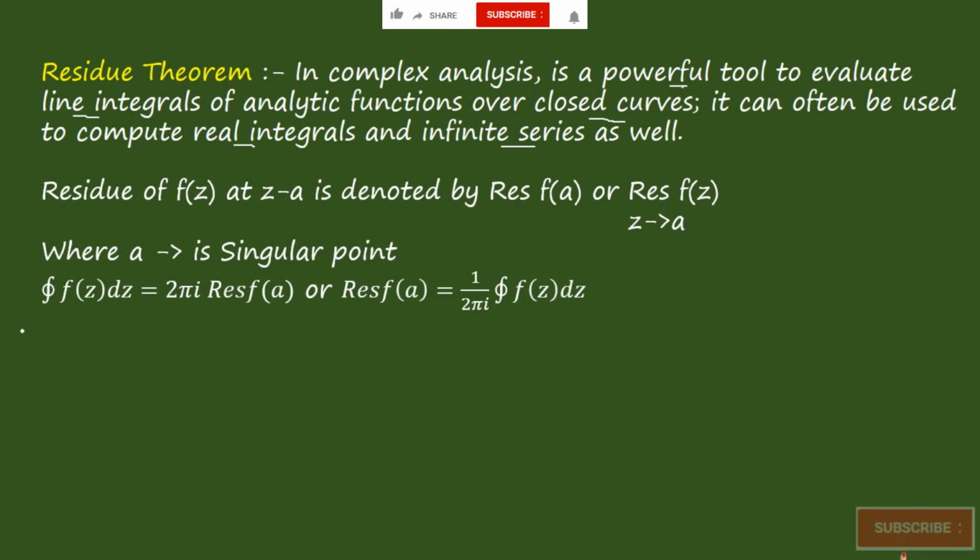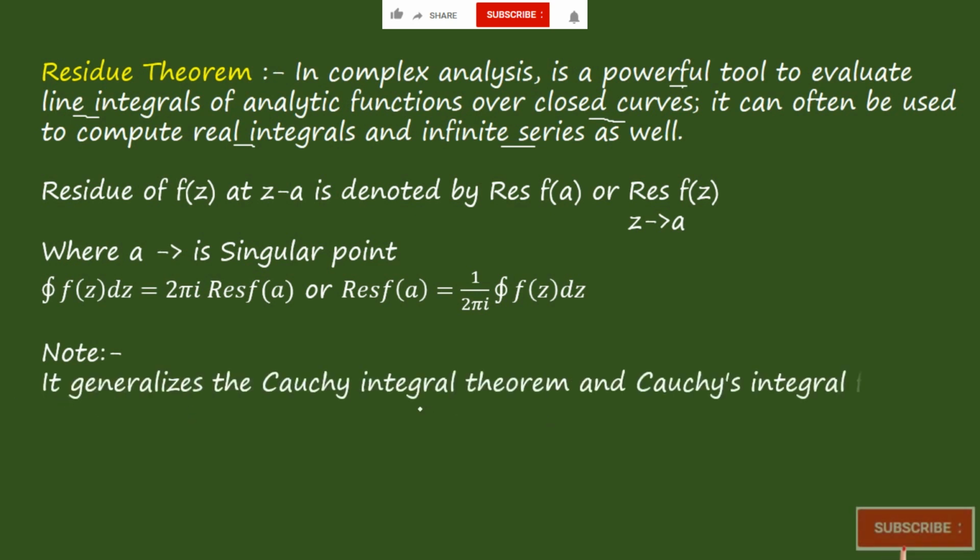Now, if you consider integration over a closed curve, the integral of f(z) dz is equal to 2 pi times the residue of a, or the residue of a is equal to 1 by 2 pi times the integral over the closed curve of f(z) dz. The general note you have to remember is that it generalizes the Cauchy integration theorem and Cauchy integration formula also.